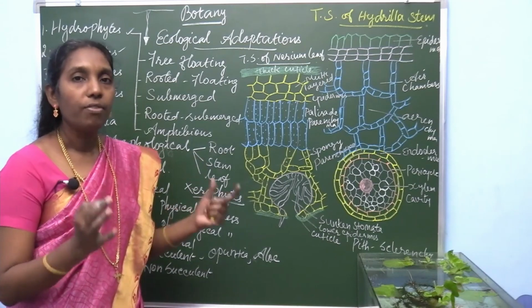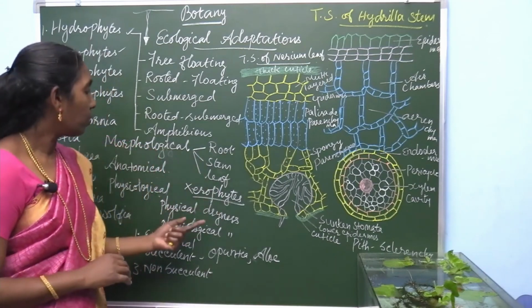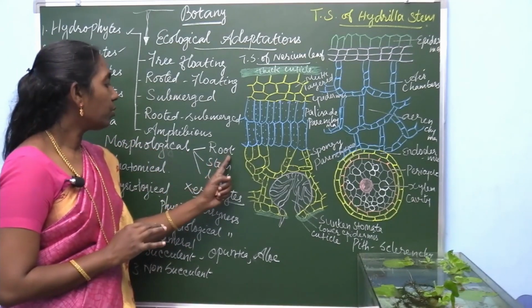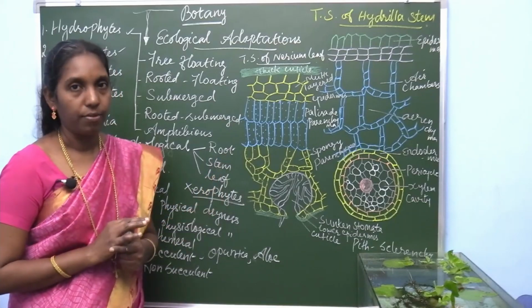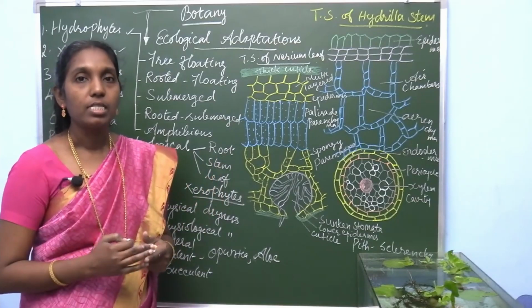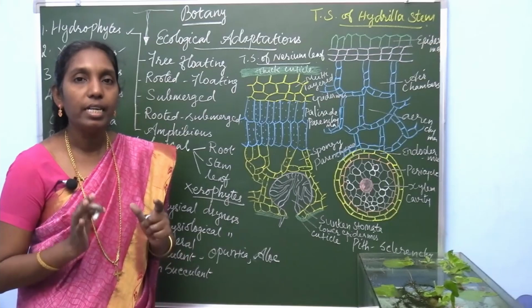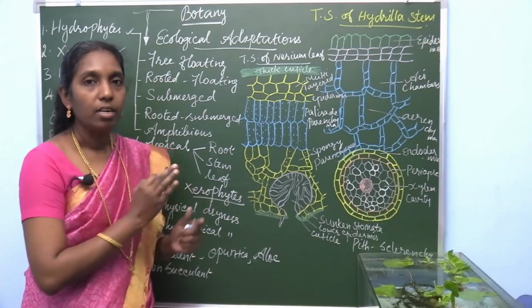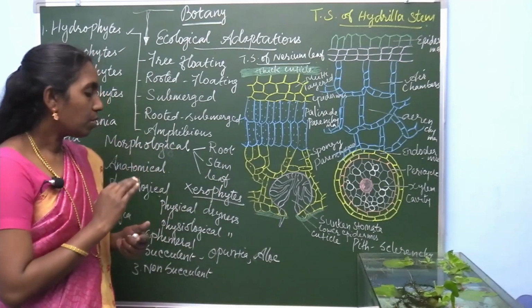What are the morphological adaptations? Under morphology, we can write about root, stem as well as leaf. In xerophytic plants, the root system is better developed than the shoot system. The shoot system is poorly developed.